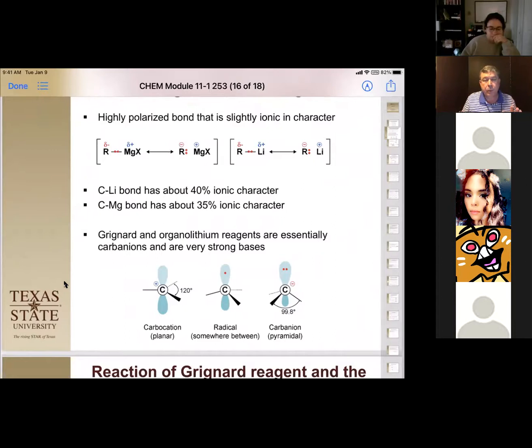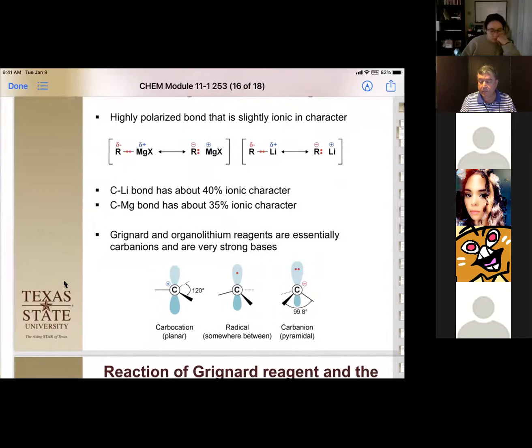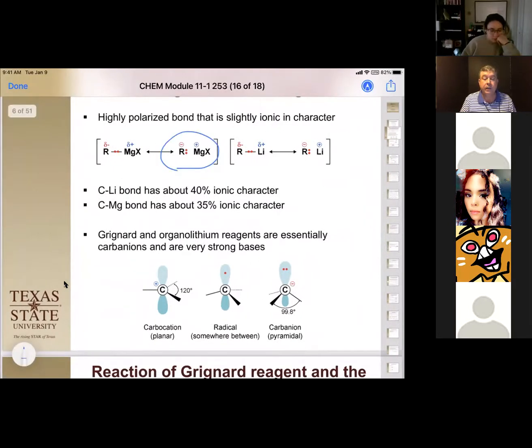I told you this is a polar covalent bond. If we were to think about a resonance structure for that, it would be fluctuating between that polar covalent bond and that contact ion pair, where the negatively charged carbon is right next to the positively charged magnesium. Now in the case of magnesium, it has about 30% ionic character. So it spends 30% of its time in the ion pair form and 70% of its time in the covalent bond form.